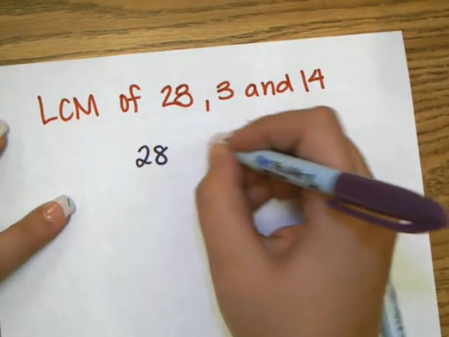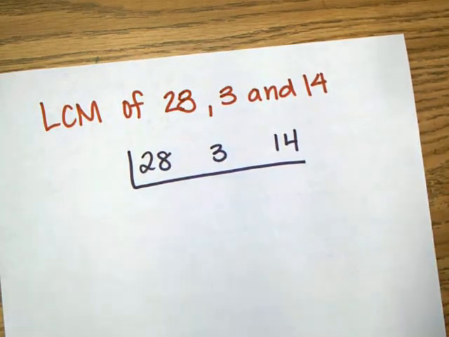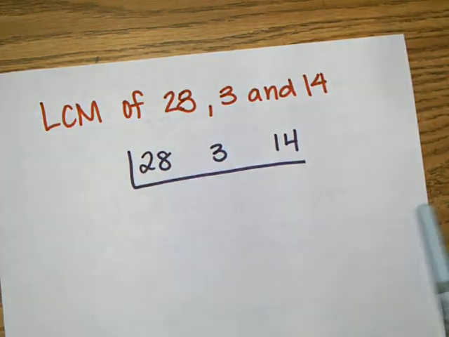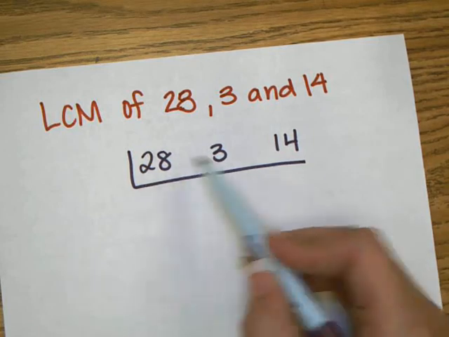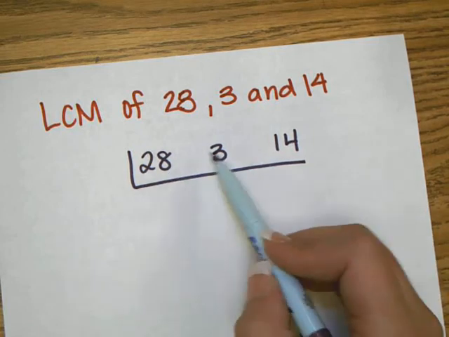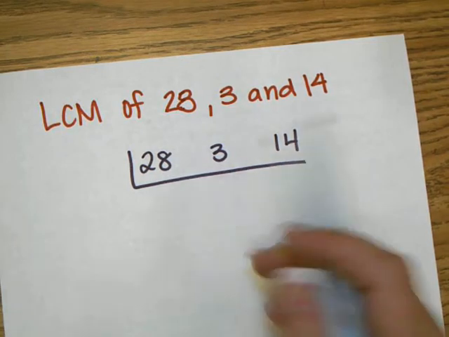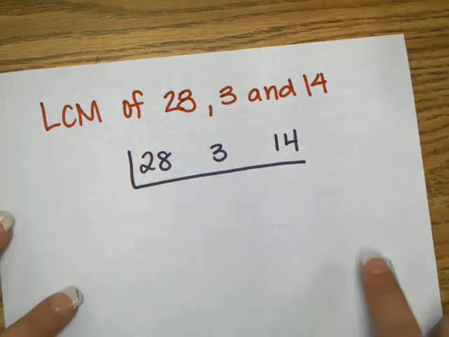Okay, let's take a look at another one that has three numbers. 28, 3, and 14. The first step is we need to check whether there's a factor that goes into all three. There is no number that goes into all three of these numbers.